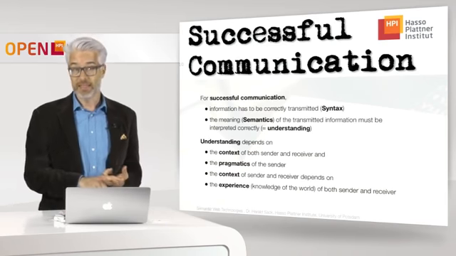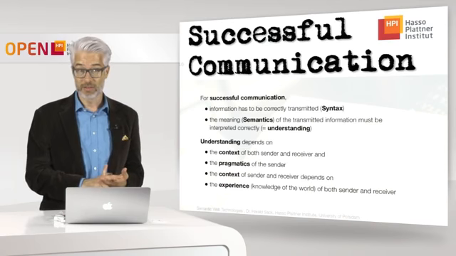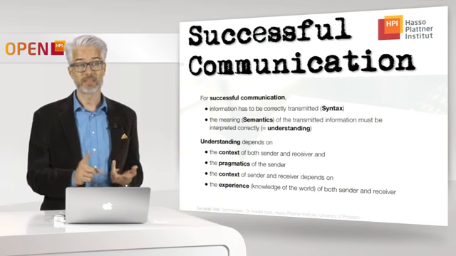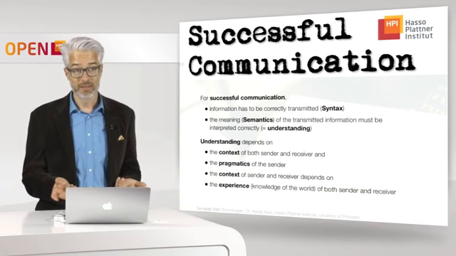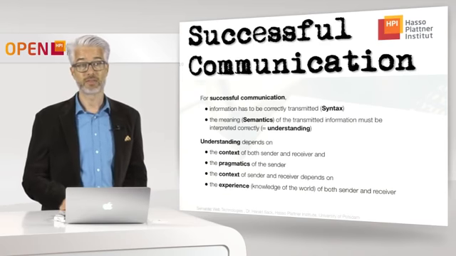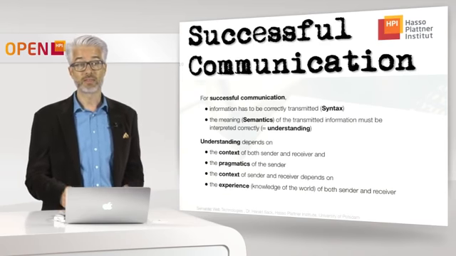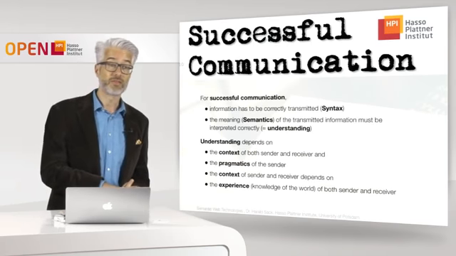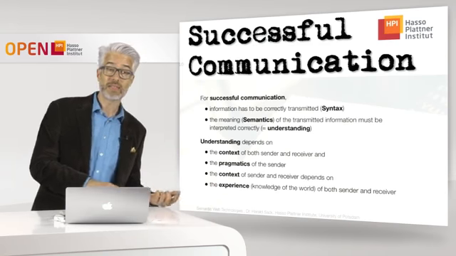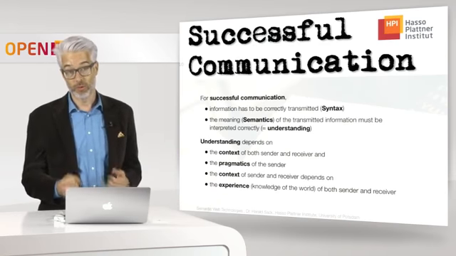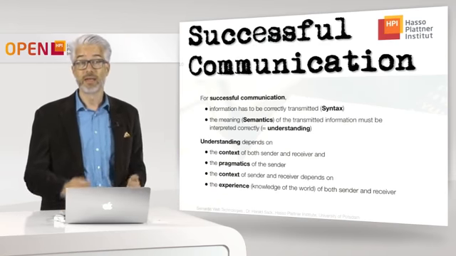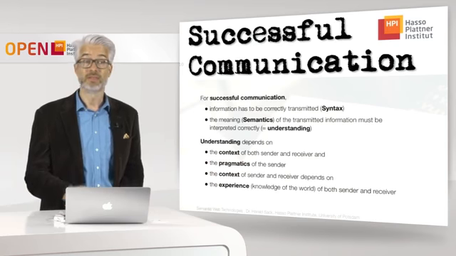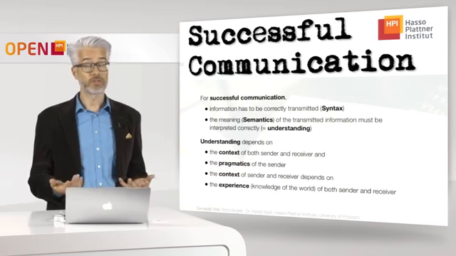So understanding itself depends on different factors. For example, understanding depends on the context of both sides, sender and receiver, and of course on the pragmatics of the sender. And the context of the sender and receiver depends on the experience of both, because they both have the same, similar, or completely different knowledge of the world.